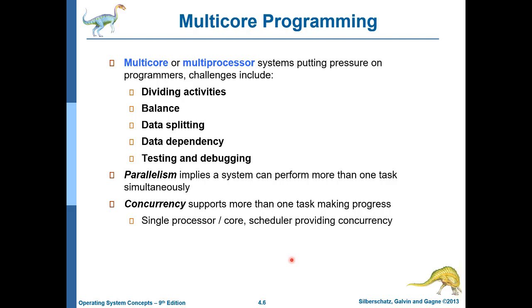Now another term that we study is multicore or multiprocessor systems, because there are many processors and many cores, let's say, in a system. So we have challenges such as how do we divide activities, then how do we balance the division of things in an application, and how do we split the data if you have multiple threads working together.